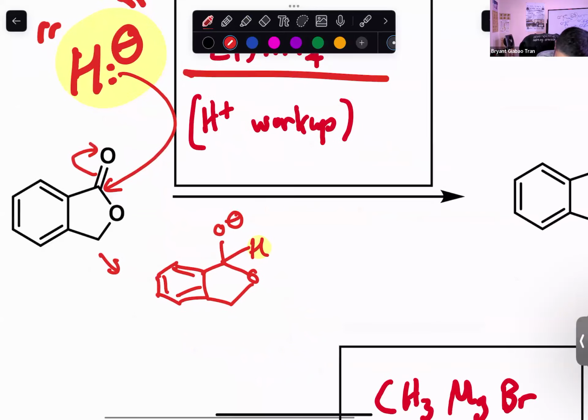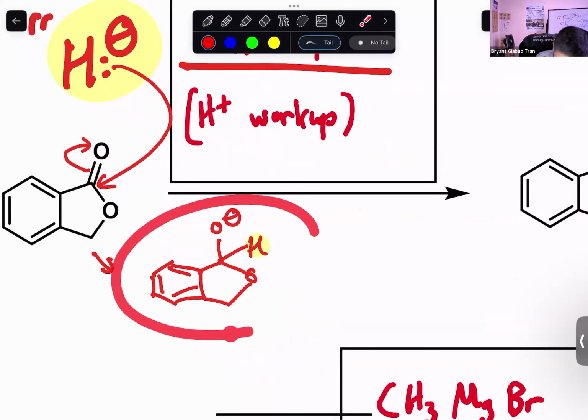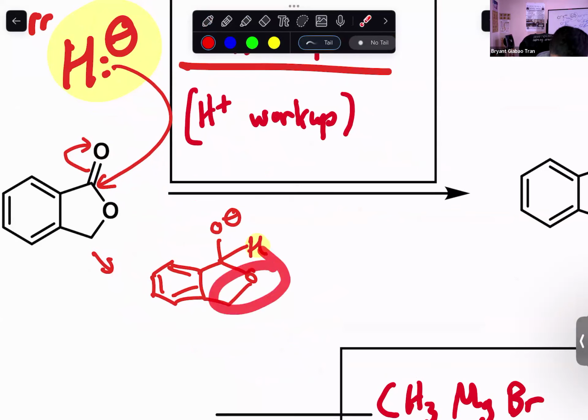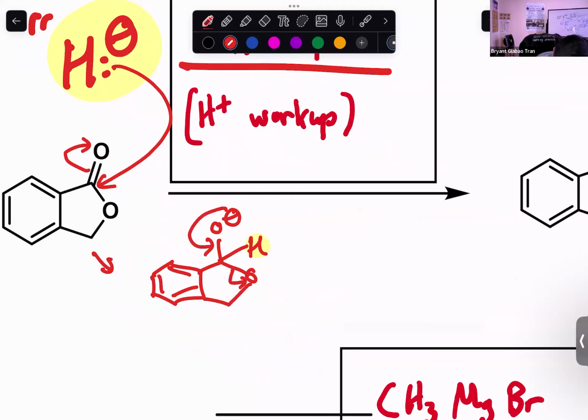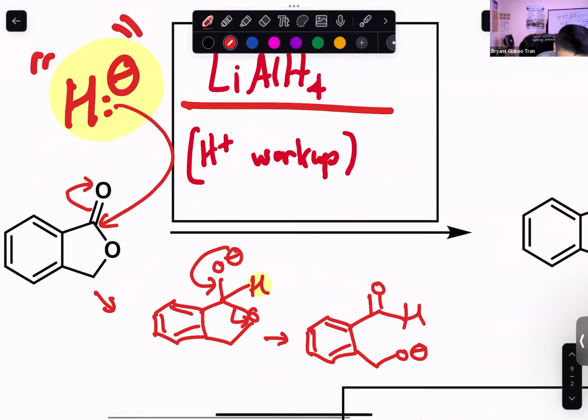Now, the next step is, once we have this tetrahedral intermediate, you stop and see if you have any good leaving group to kick out, which we do, this OR group. So we're going to reform the carbonyl, break that bond, and kick out that leaving group to give us this intermediate right here, the aldehyde, the O minus, and we have excess H minus.